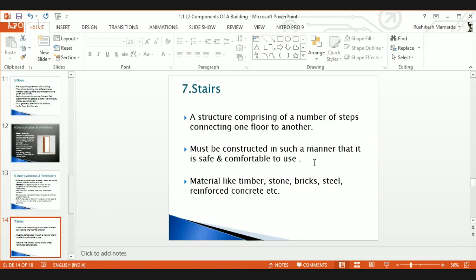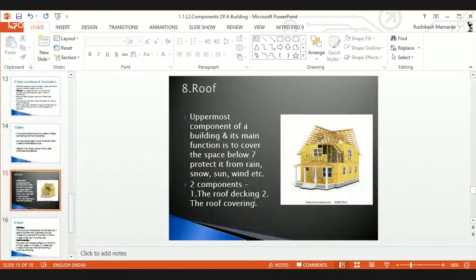Again, we will discuss this in detail later. It is made up of two things, riser and tread, which we will discuss later. It consists of different materials like timber, stone, brick, steel, reinforced concrete, etc.